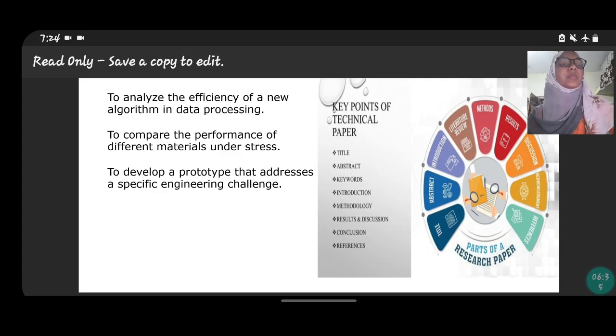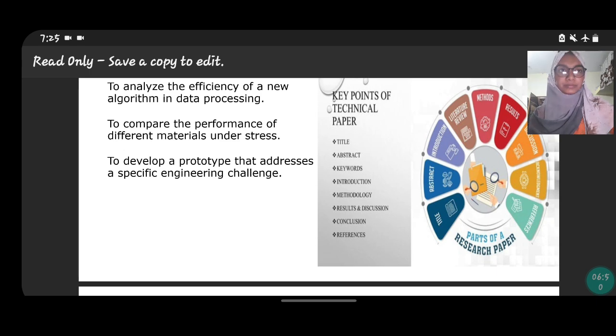So for writing a perfect technical paper, these are the few key points which we have to keep in mind.